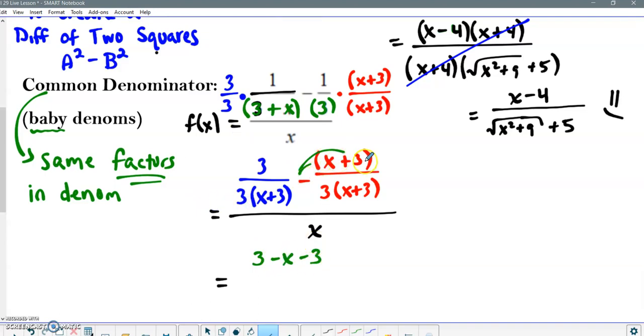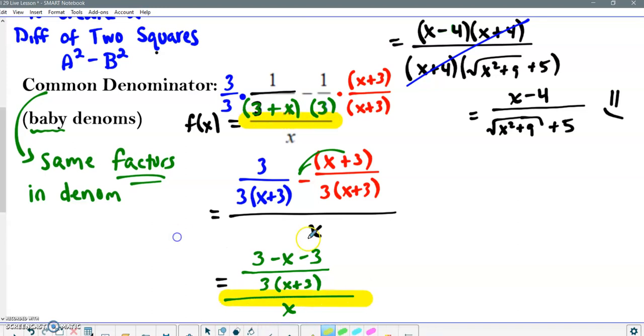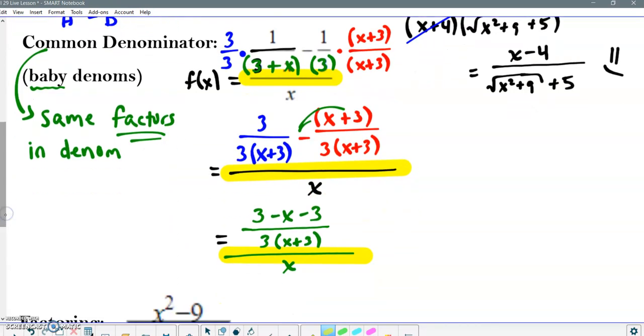You could have also done that when you wrote this, but then you would have had to switch this to a plus, so it's up to you on when you want to do that. Then we have this over 3 times x plus 3, and then all over x. I usually try to make the main middle line longer to let me know that that's where the top and the bottom is, just to help my eye line.